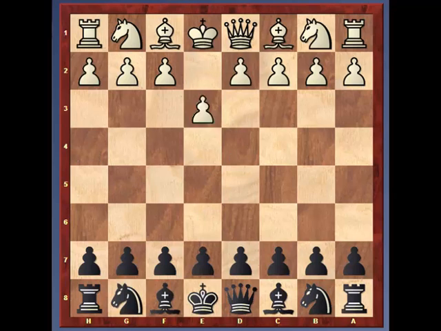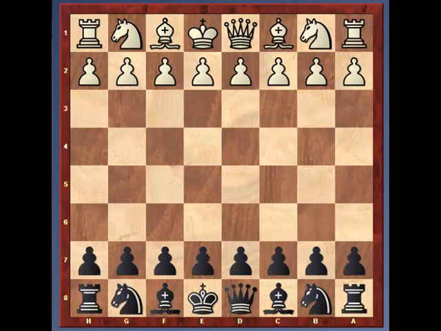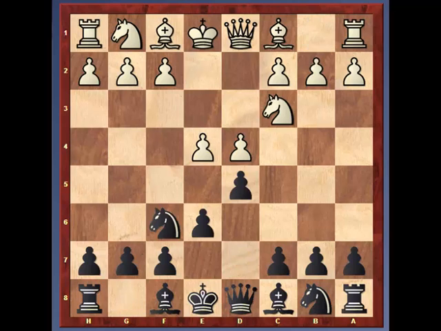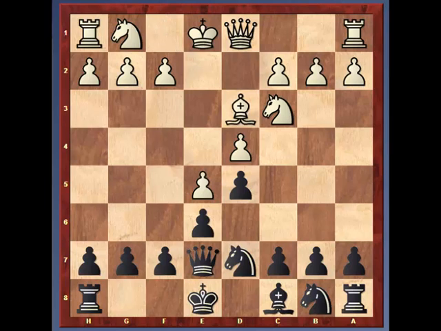Again, the classical variation. The Tarrasch variation of the classical. Or the Rubinstein. Or the Alpin, or the Pollock.